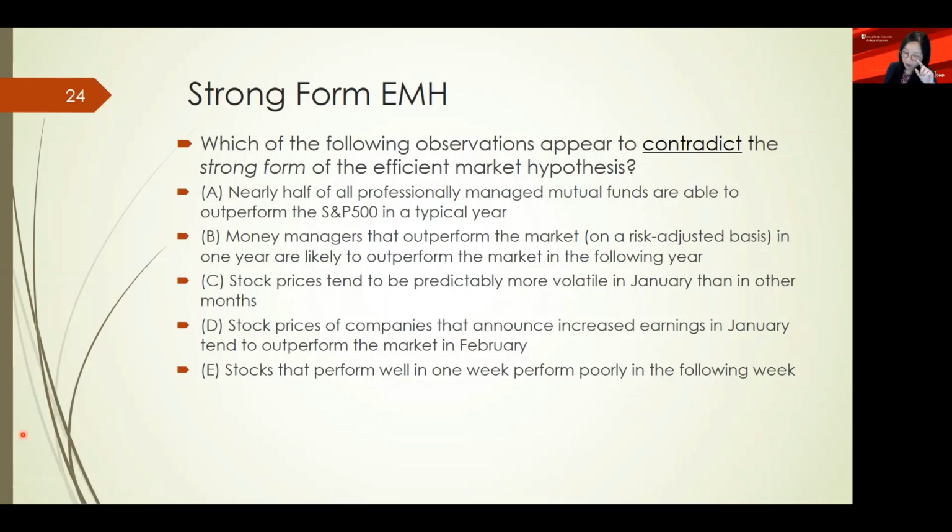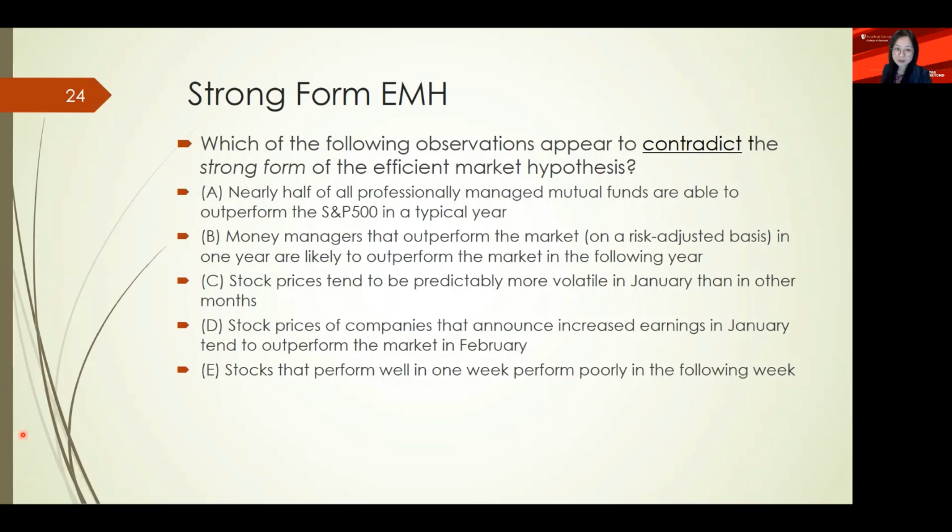Having the private information does help them to outperform. So B is correct because it contradicts the strong form EMH. Having private information, you're not supposed to make abnormal profits under strong form EMH, but this one said, yes, you can.